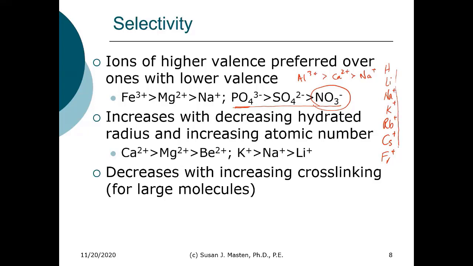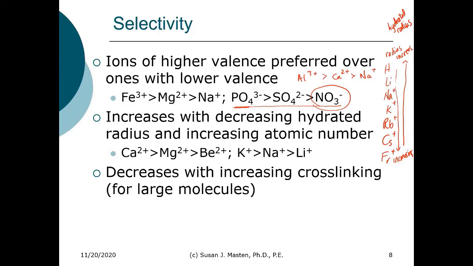As we move down the periodic table, the radius increases. However, the hydrated radius, so the radius of that ion in water, actually decreases as we move down. The hydrated radius is the exact opposite. So the hydrated radius of hydrogen is greater than that of sodium.